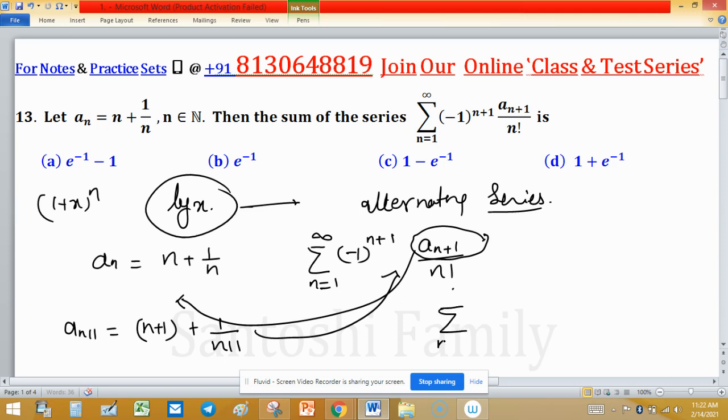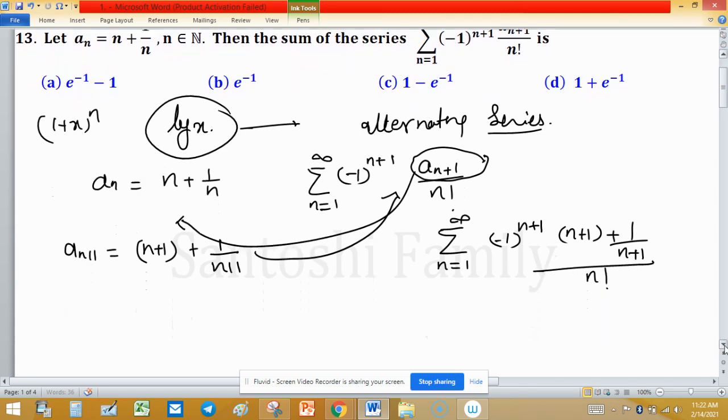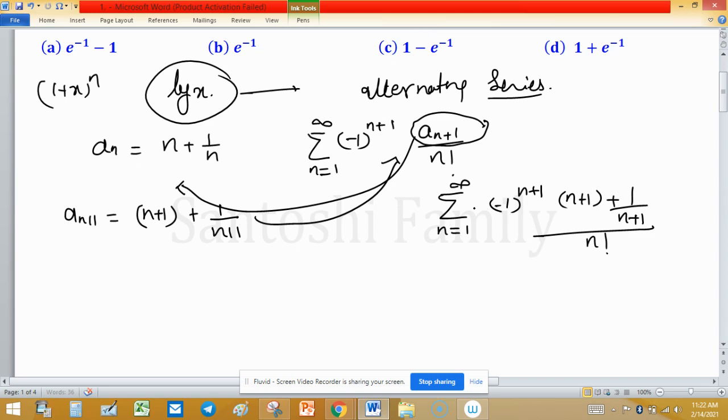It will be summation n running from 1 to infinity, minus 1 raised to the power n plus 1, (1 plus 1 upon n plus 1) divided by n factorial. Now distribute the summation as we normally do.